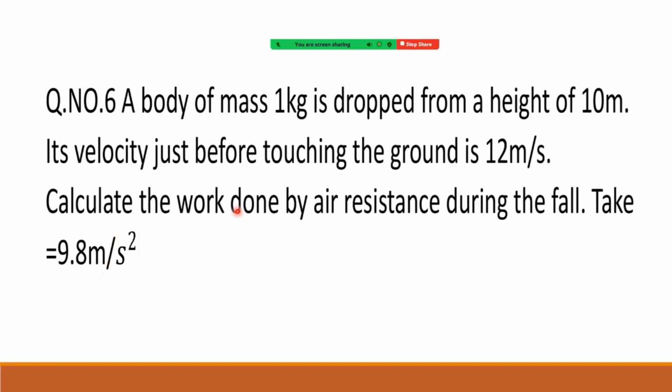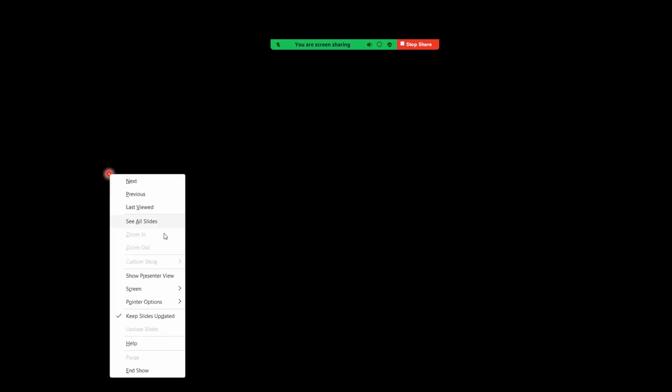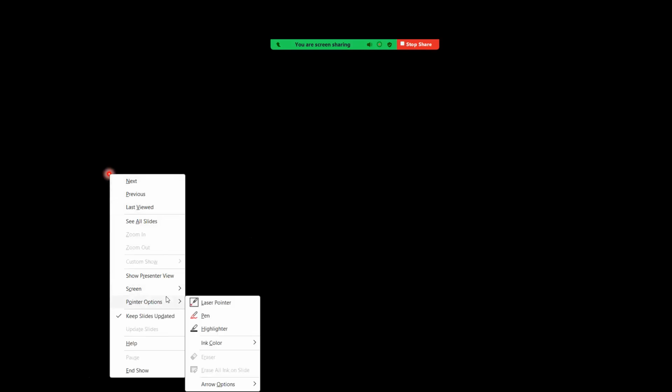We know that when the block is moving down, its speed keeps on increasing, and as the speed keeps increasing, this resistive force also keeps changing. So here the advantage of the work energy theorem is that we can calculate the work done by forces which are not known to us.